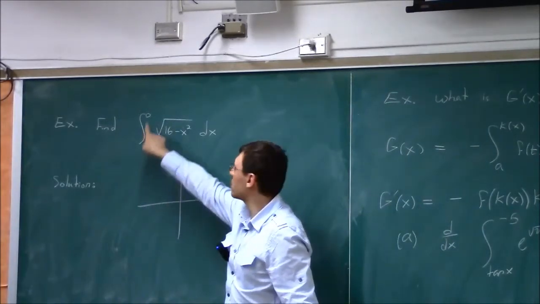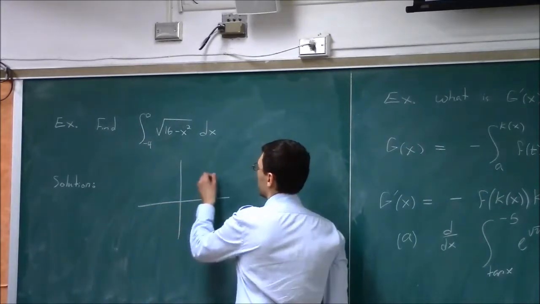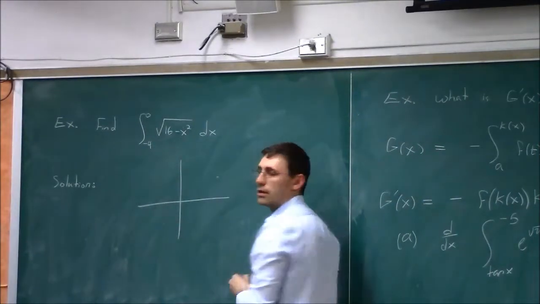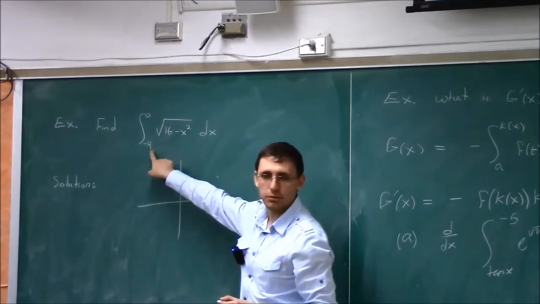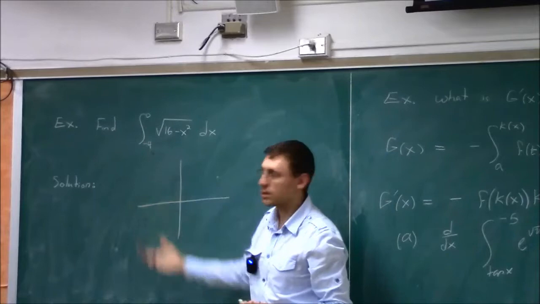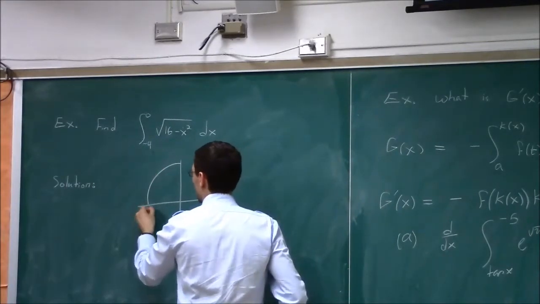X is from minus 4 to 0. Where is that? Which quadrant? 1, 2, 3, or 4? In quadrant 1, do we have x equal to minus 4? It's quadrant 2, exactly. Here is minus 4.